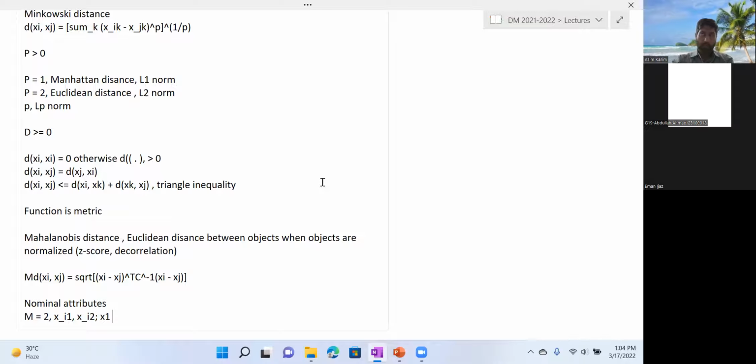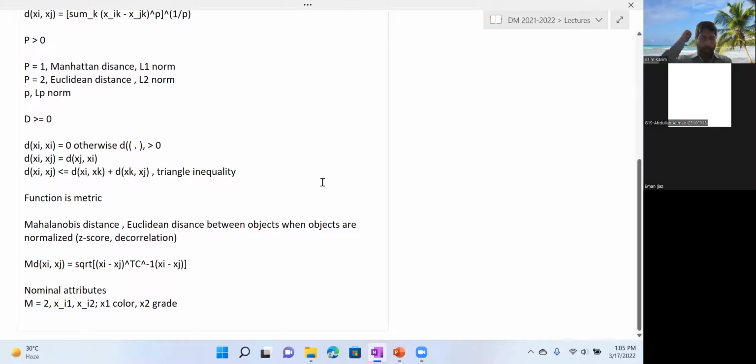Let's say x1 is color, which is a nominal attribute. And let's say x2 is, again taking some simple example, grade. Of course, grade is nominal as well as ordinal, but here let's consider it to be nominal.